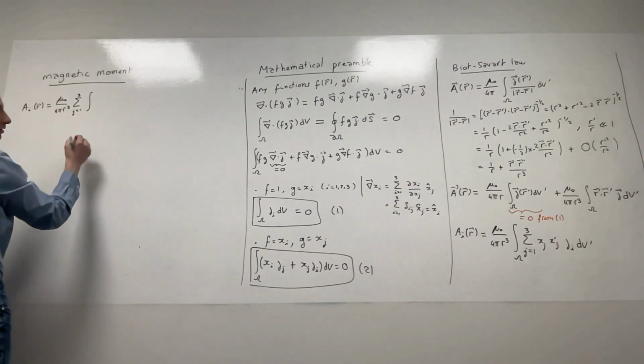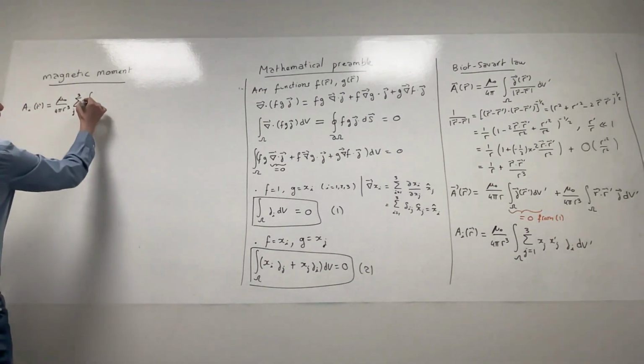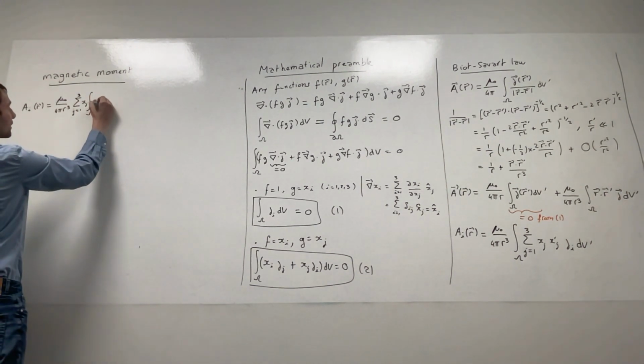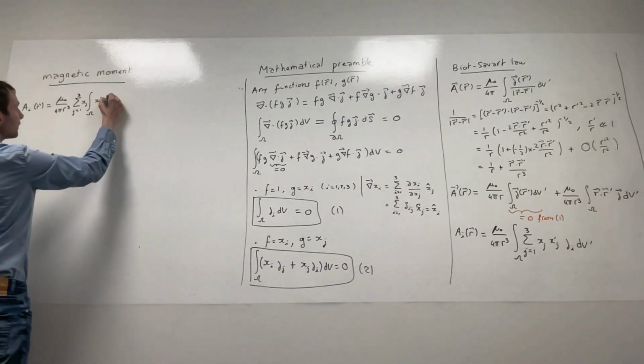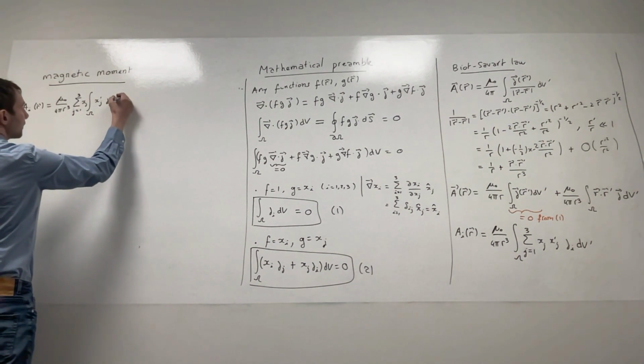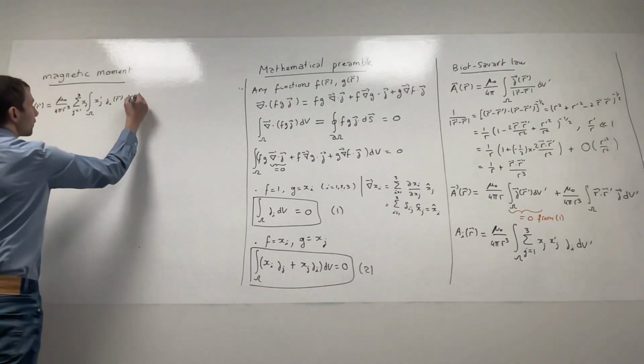Then the integral over omega. And then I put the x_j here, and then I've got x prime j, and then let's put here j_i. And again, that's interpreted as here, this is r prime, and then dv prime.